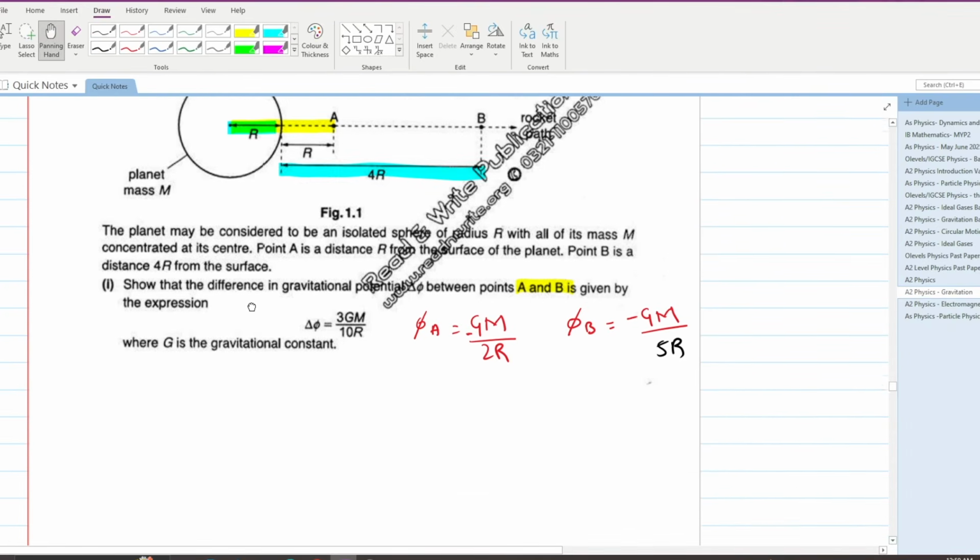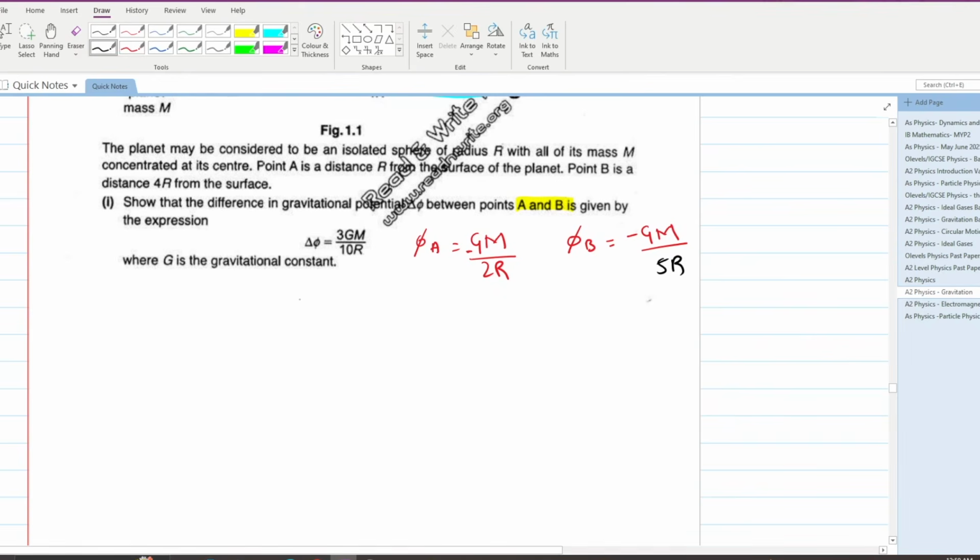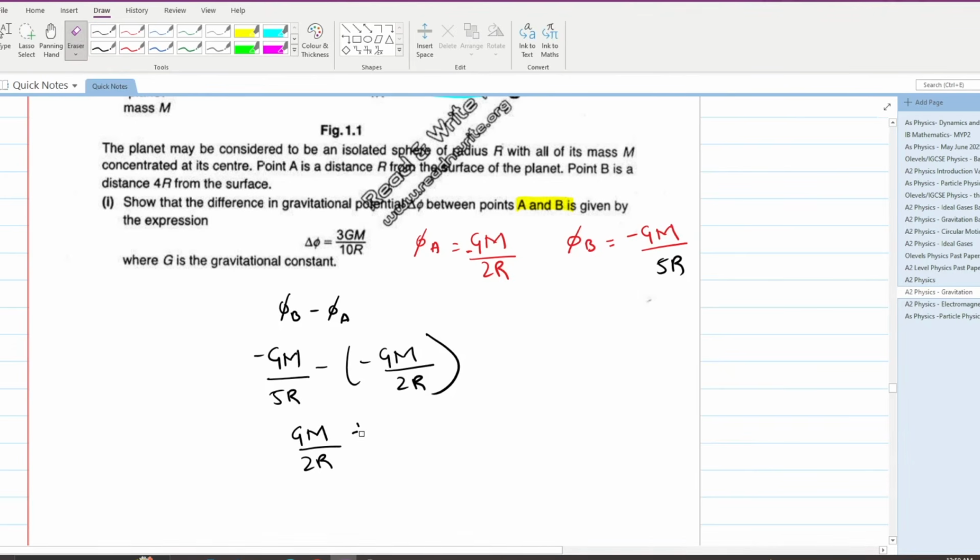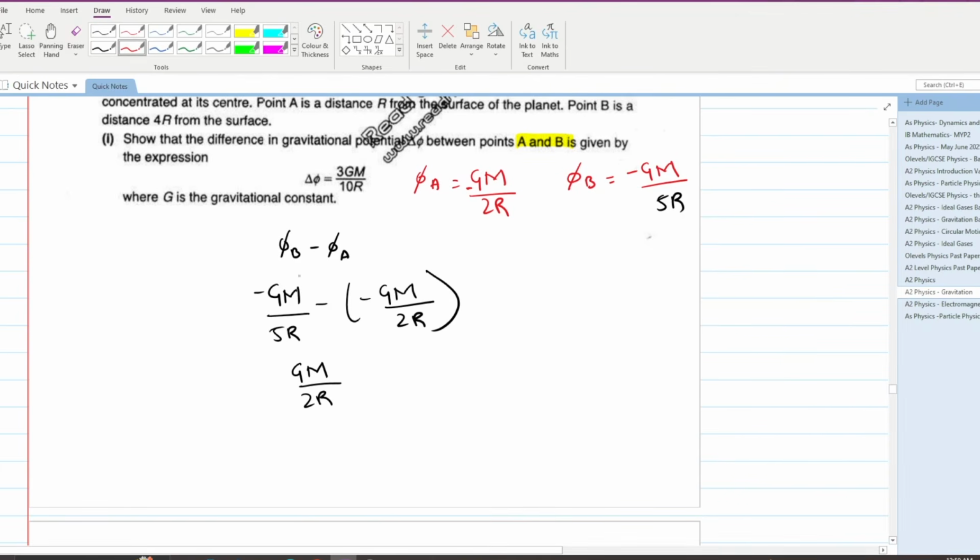Okay, now let's calculate the difference in gravitational potential. We can say gravitational potential of B minus gravitational potential of A. What is the gravitational potential of B? Minus capital G, capital M divided by 5r, minus, minus capital G, capital M divided by 2r, which is the gravitational potential of A. This negative will get plus, so capital G, capital M divided by 2r is plus, minus capital G, capital M divided by 5r.